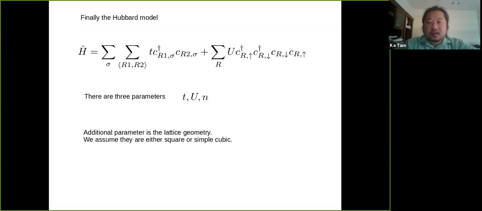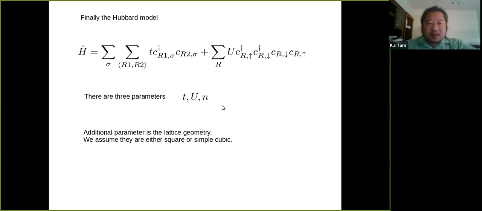If we assume the hopping is restricted to the nearest neighbor and the interaction is only local, there are only three parameters for this model: the hopping, the interaction, and the implicit parameter, density. And if you consider the grand canonical ensemble, you can add a chemical potential here, which is equivalent to the density in the canonical ensemble.